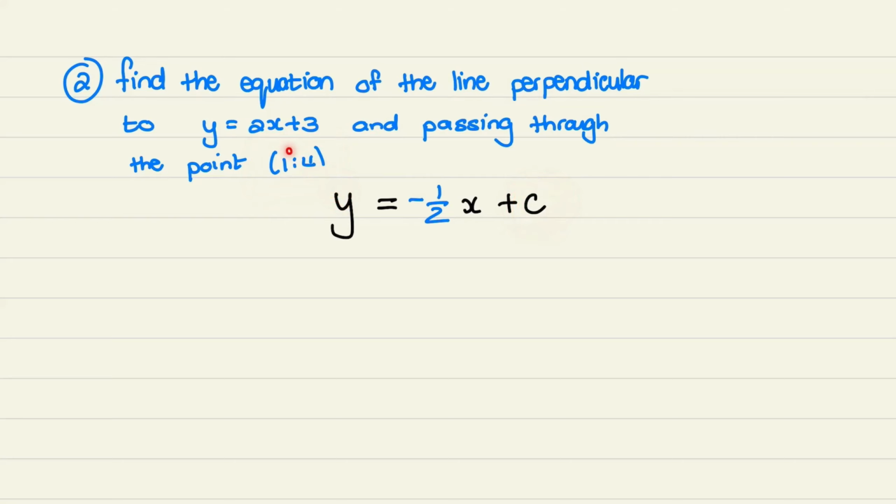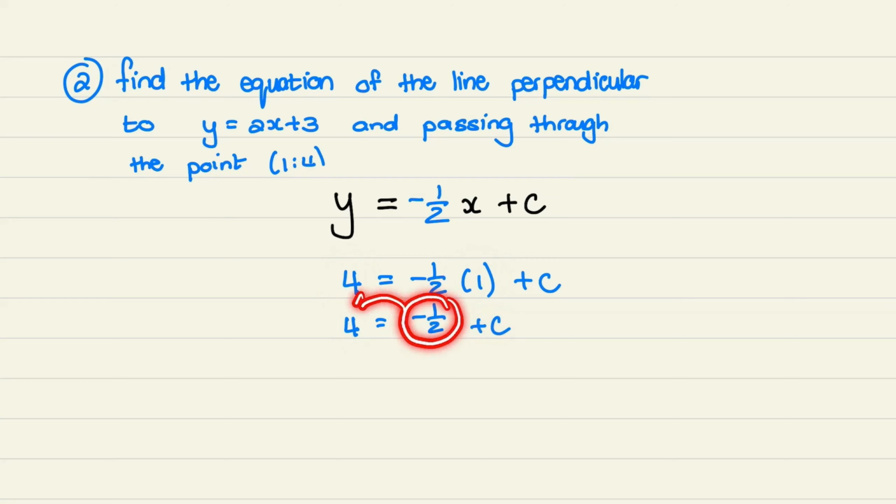So after I have substituted the y value and the x value and I multiply out, I find that 4 = -1/2 + c. And if I transpose the half to the left hand side, I can find the value of c. So 4 + 1/2 = c.